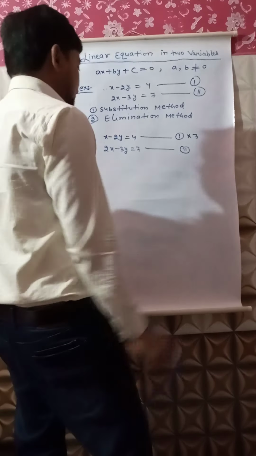So now 3 into x is 3x, minus 3 into 2y is 6y, equals 3 into 4 is 12. And in the second, 2 into 2 is 4x, minus 2 into 3 is 6y, equals 2 into 7 is 14. Let's see, here the coefficient of y is equal, so now our work is easy.